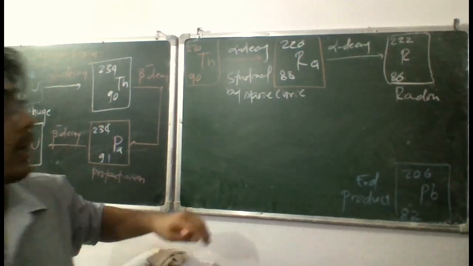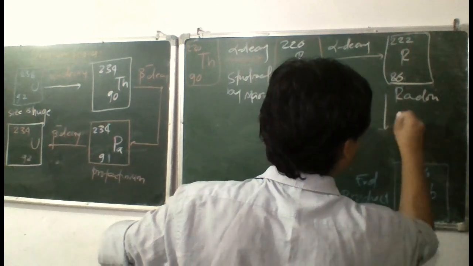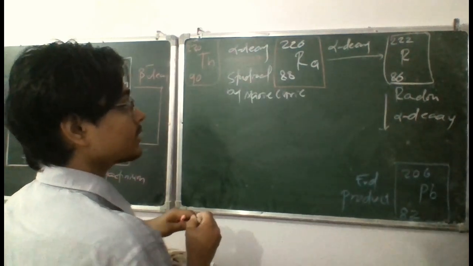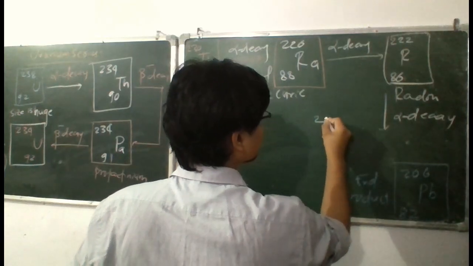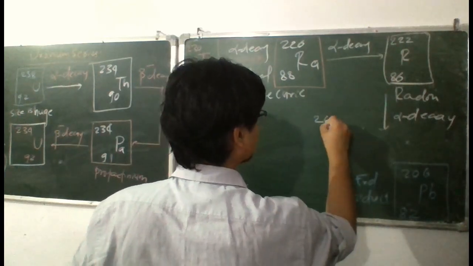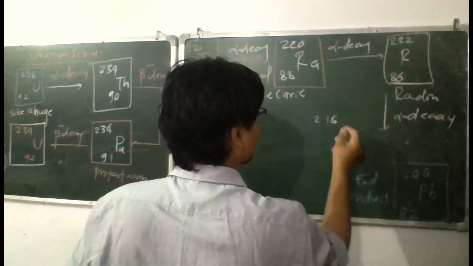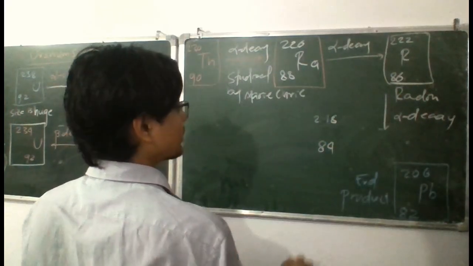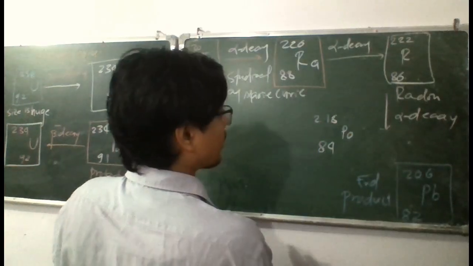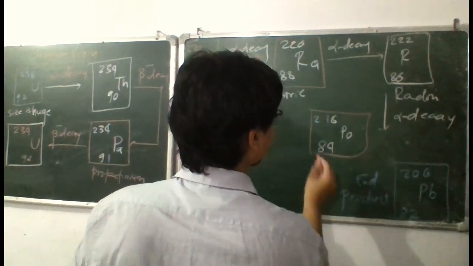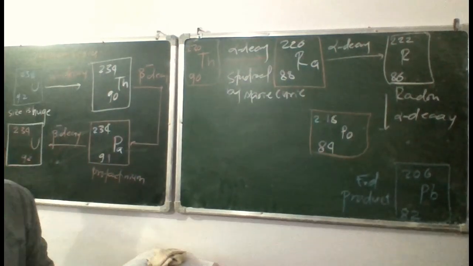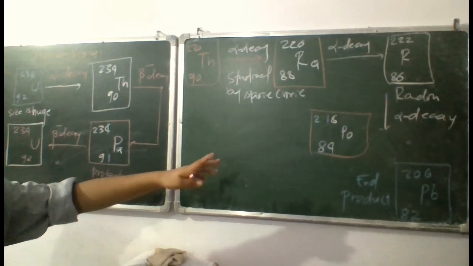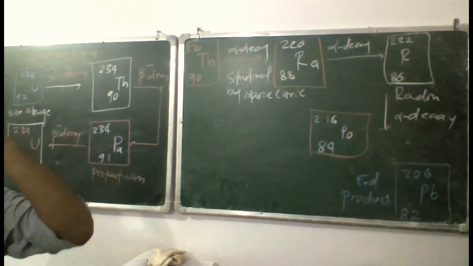So let's say it does alpha decay now, then that would give us 218, and the number would be 84, and this is something that we call polonium. This is what the reaction looks like from radon to polonium.